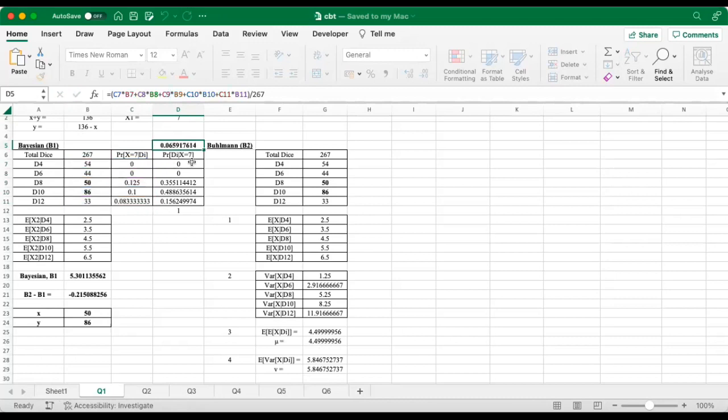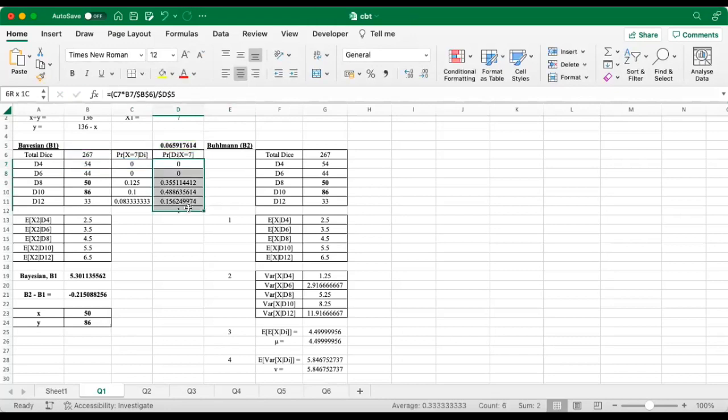Then we calculated the probability of each die given X equals 7 by using the formula and the value calculated in cell D5 for all 5 dice. We obtain a total probability of 1, which indicates that the probability for each die has been included in the calculation.